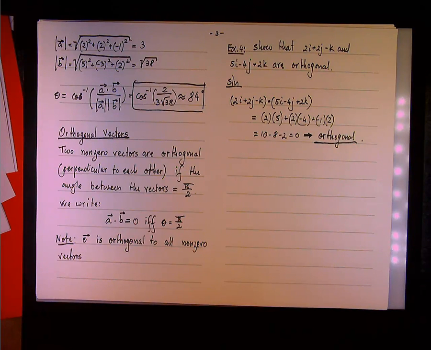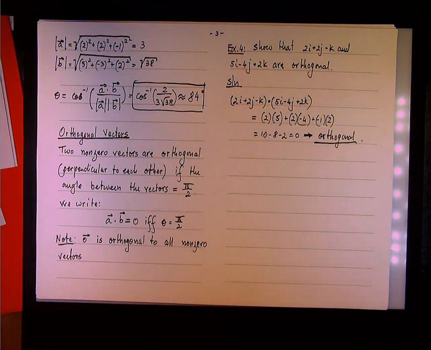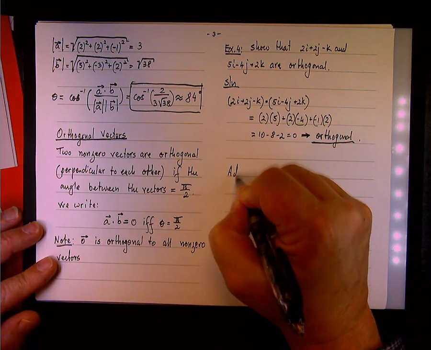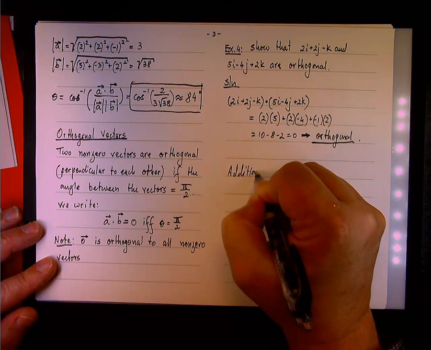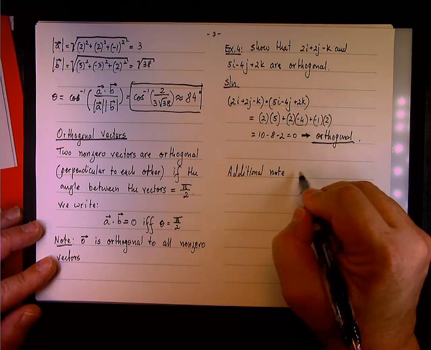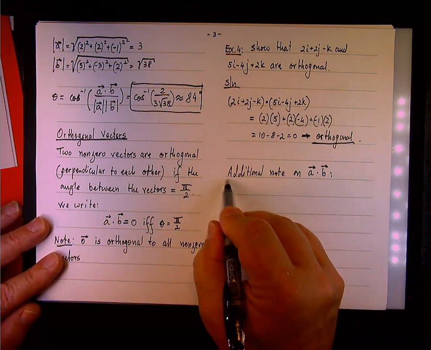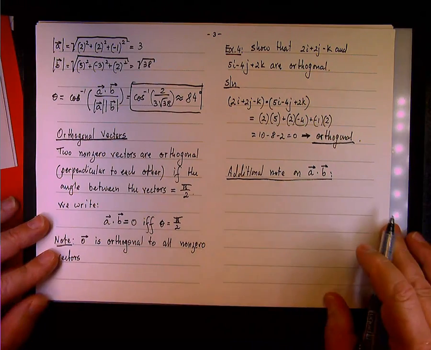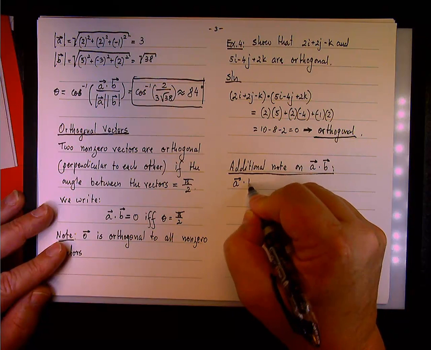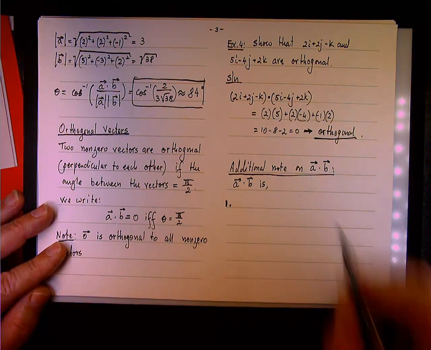Questions? So I have additional notes on the dot product. So let me write additional note. Okay, we're going to say that the dot product A dot B is, and we have three cases.